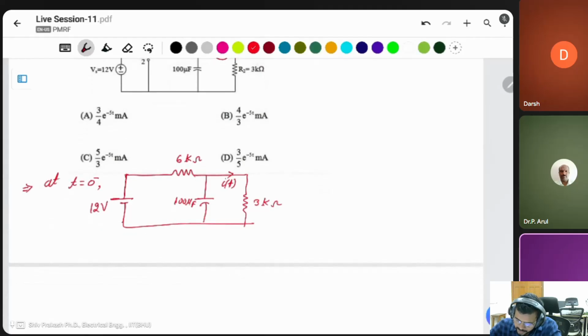At t equal to 0 minus, this will be at steady state, and this will be an open circuit. Then what is the voltage across it? The voltage across this resistor is the same as across this one, so you have to calculate the voltage across this resistor. How can you calculate?